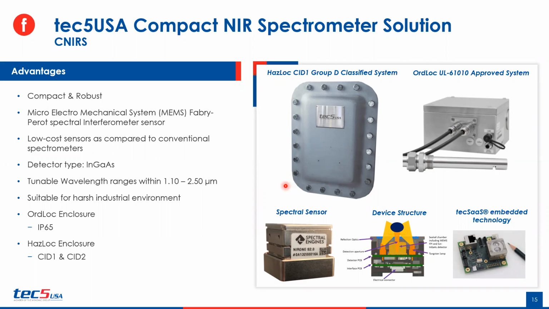And this device is explosion-proof and has been put into, or can be put into, more robust and explosion-proof environments. And looking at this device on the right-hand side, this is an IP65 enclosure with protection against water and dust, and ultimately can be integrated into that harsh industrial environment as well.